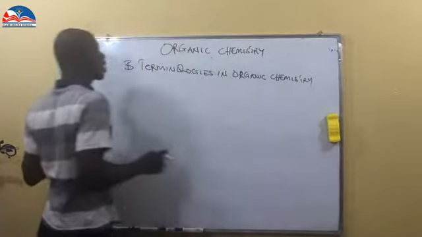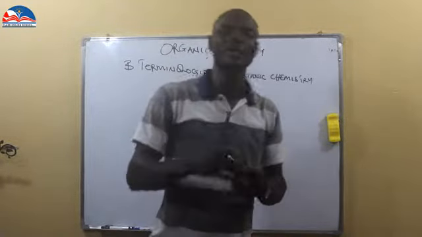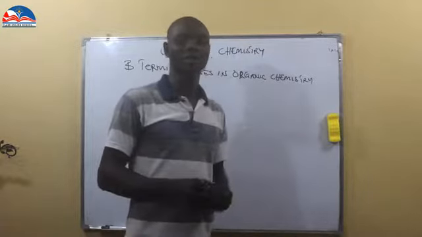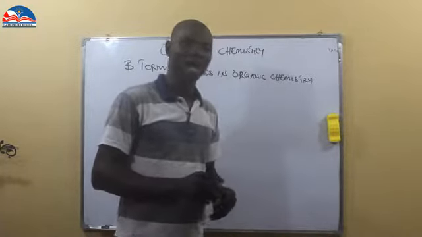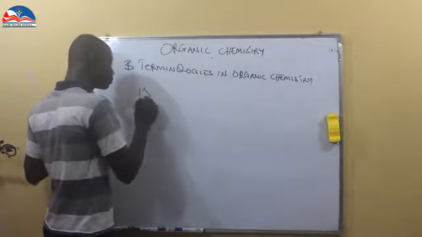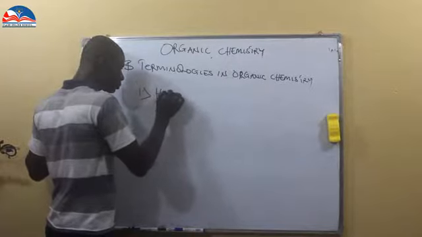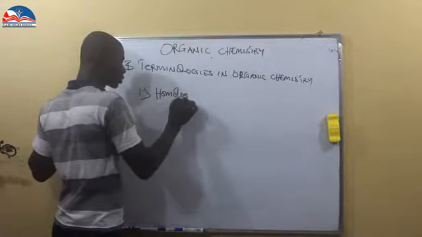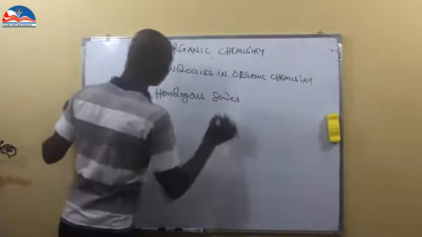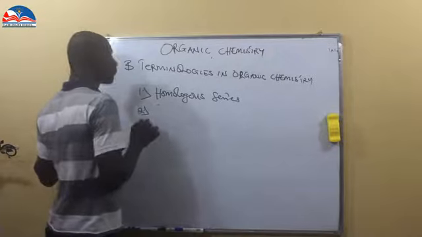So after the four basic reactions in organic chemistry, we also have what we call three terminologies in organic chemistry, the main terminologies. And these terminologies include, number one, what we call homologous series. Number two, what we call functional group.